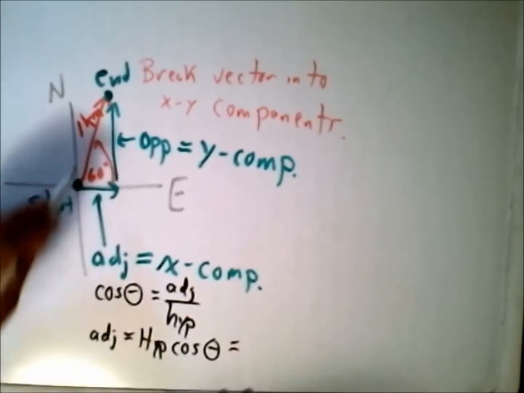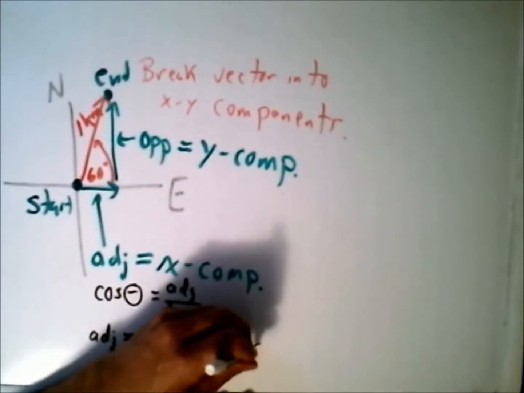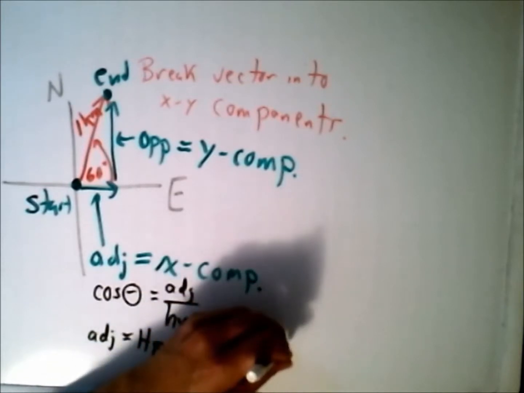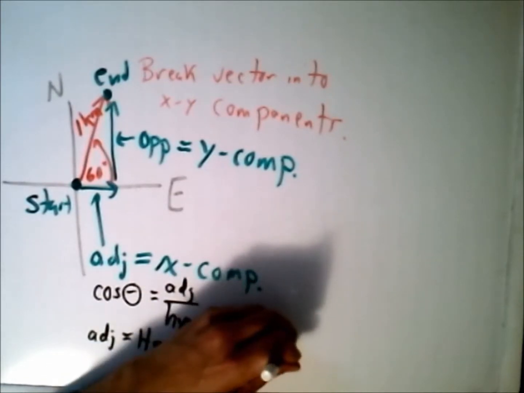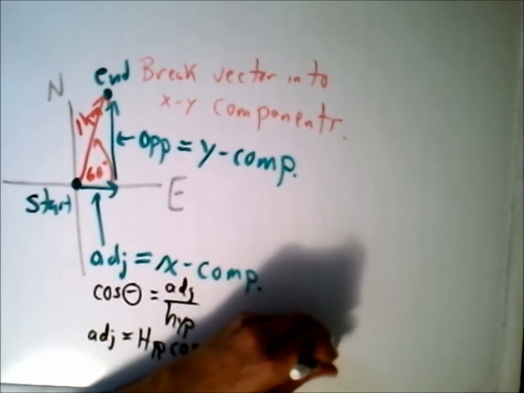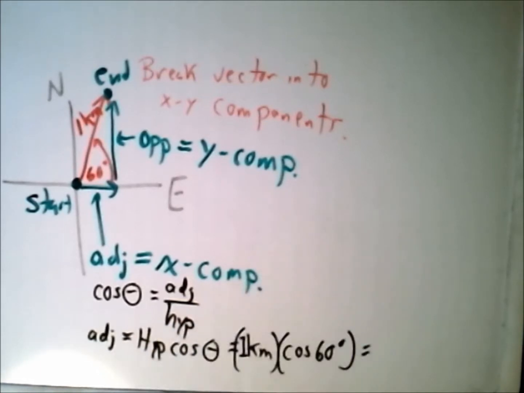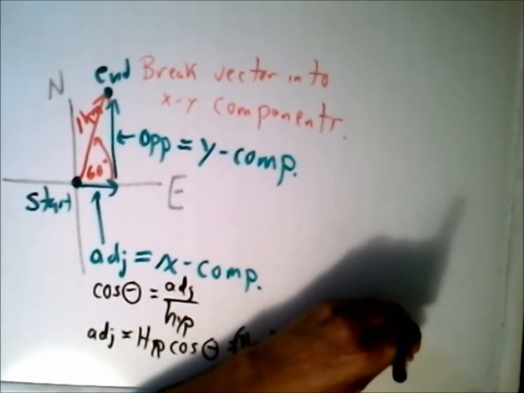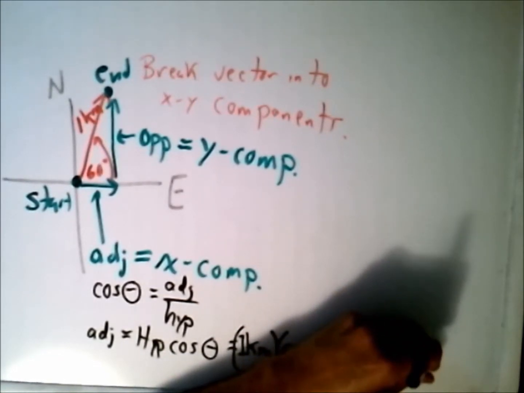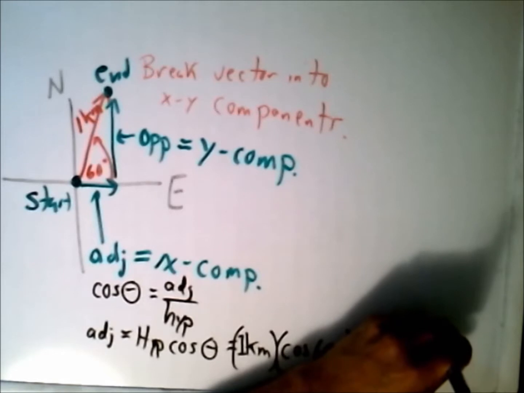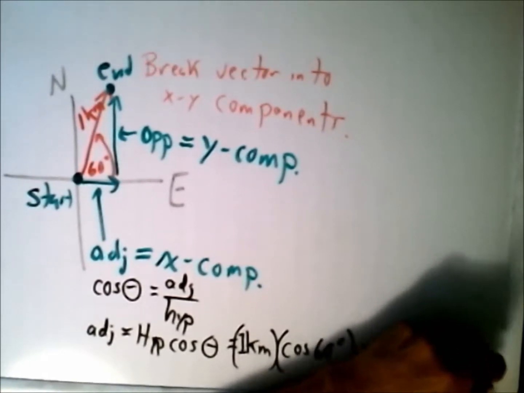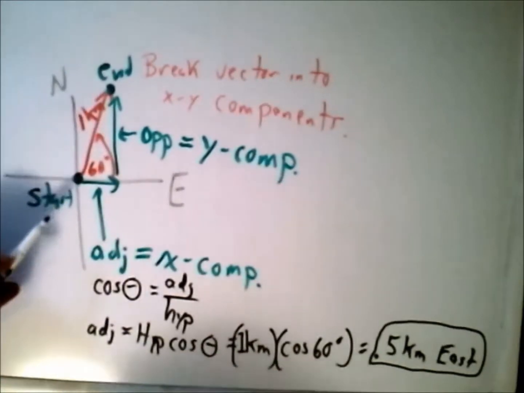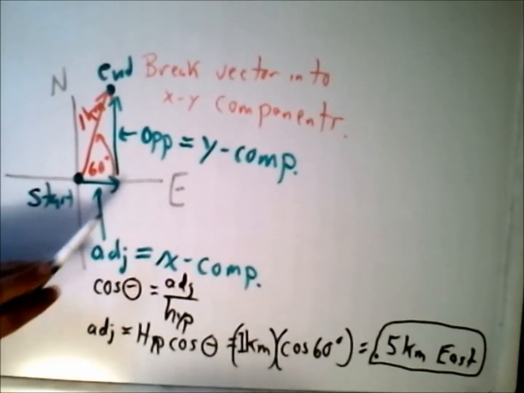The hypotenuse is 1 kilometer, and I'm multiplying that by the cosine of 60 degrees. If I do that on my calculator, it comes out to be 0.5 kilometers. And that's going toward the east. So the person hiking this way has hiked 0.5 kilometers to the east.